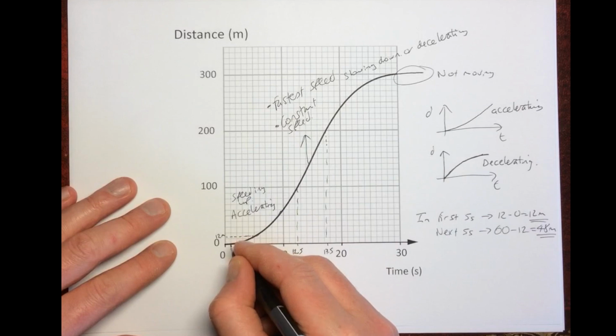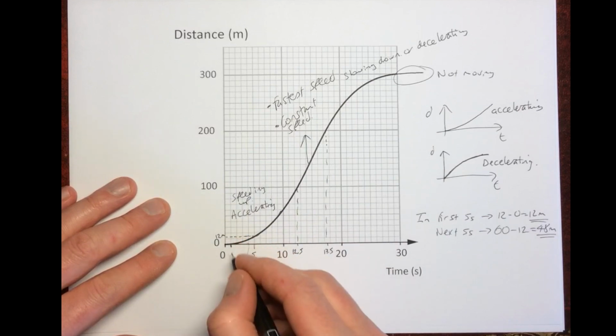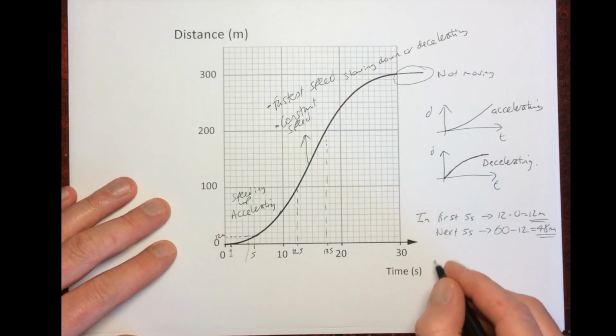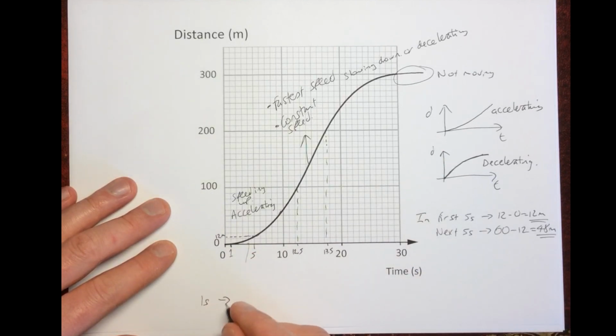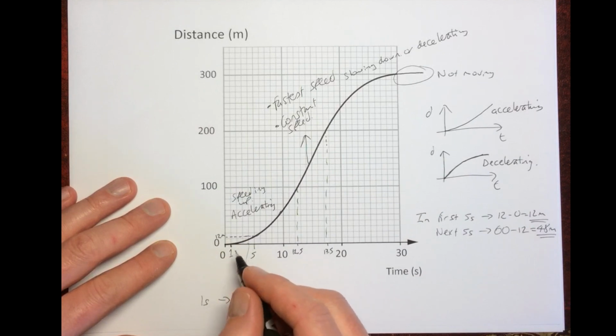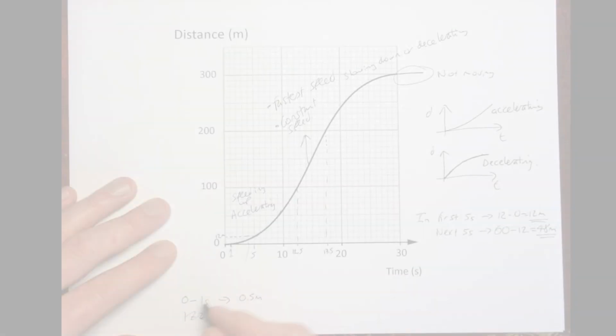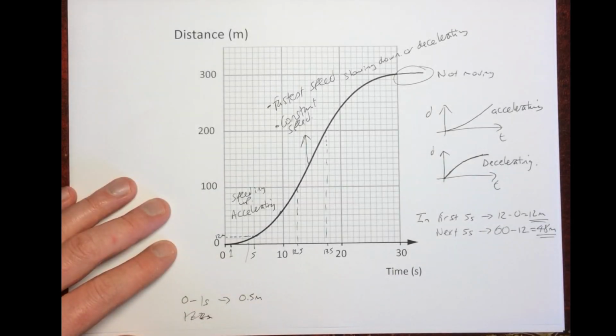If you look at the first second here, each of these is 1 second. In 1 second, the distance travelled is tiny. It's probably less than a metre, because each of these squares is 10 metres. Let's just say it travels half a metre. So in the first second, we're travelling 0.5 metres.